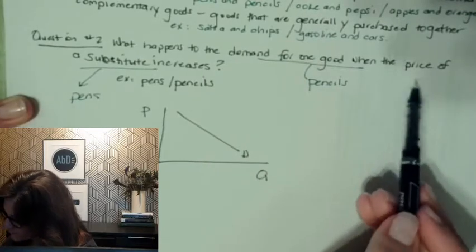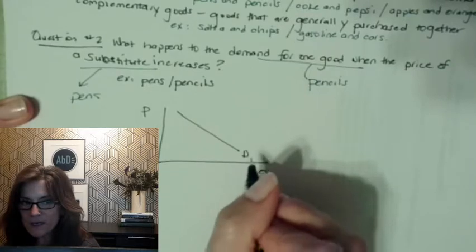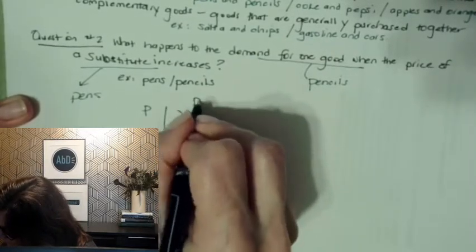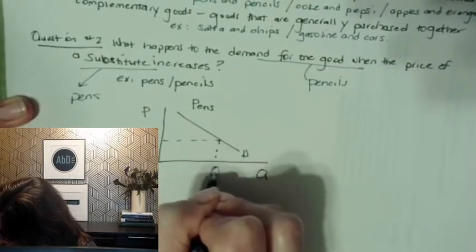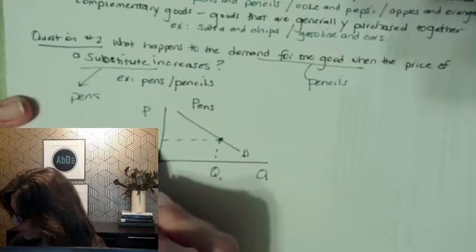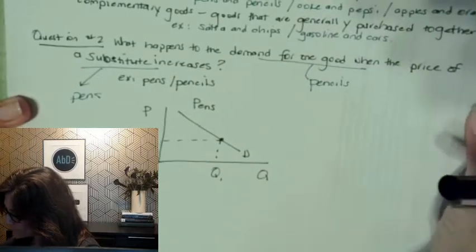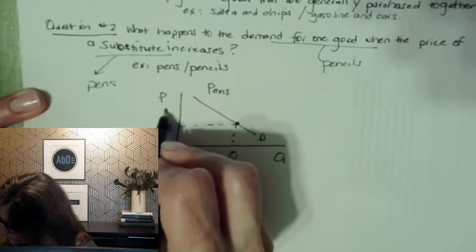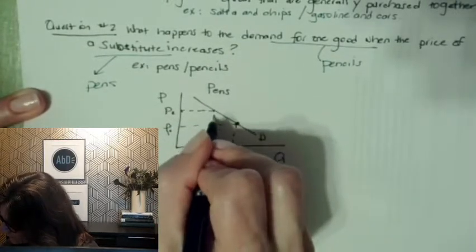And what it says here is that the price of pens has gone up. So that means that the quantity demanded of pens is going to change. We can start at a point like P1 and Q1 and take a look at what happens if we were to increase the price to a higher level, say P2.